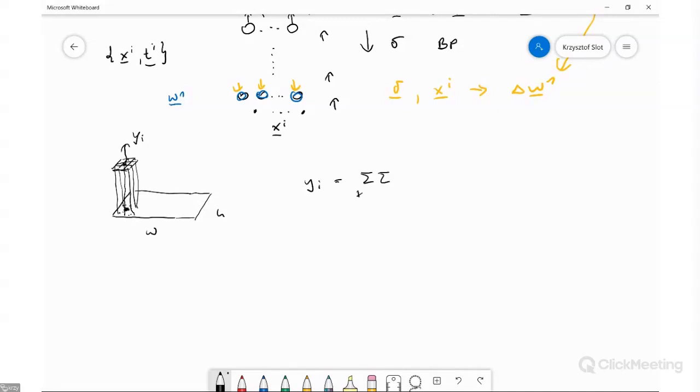So there will be some k from minus r to r, and there will be some l from minus r to r, and there will be input image that will be composed of entries x, and here will be i minus k and j minus l, times, and here will be my filter h_kl.